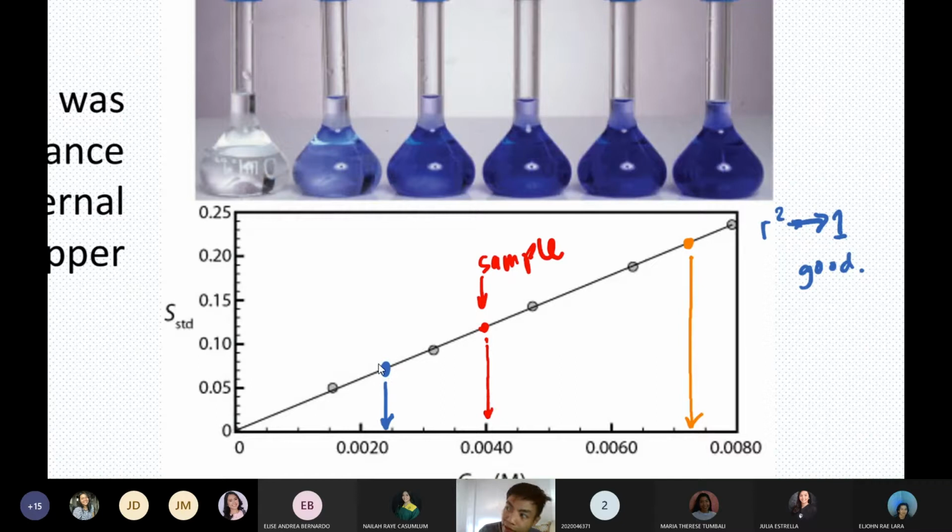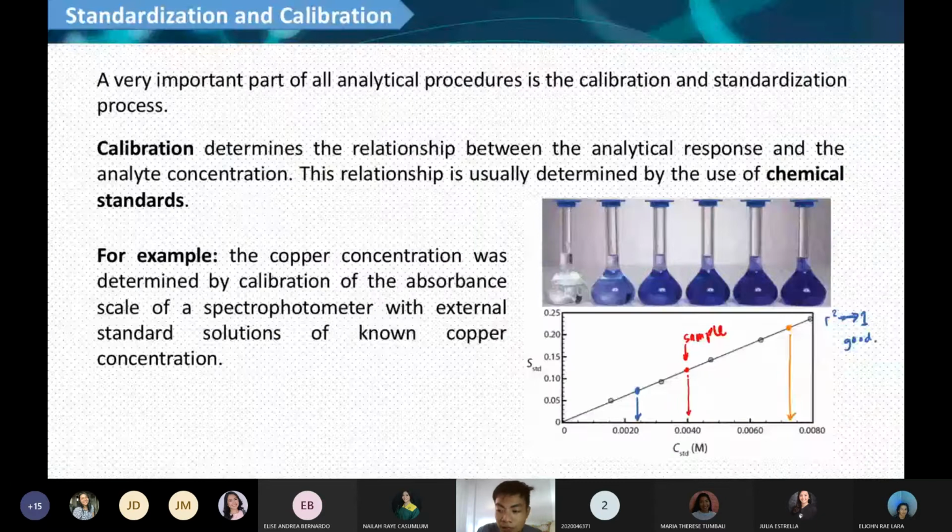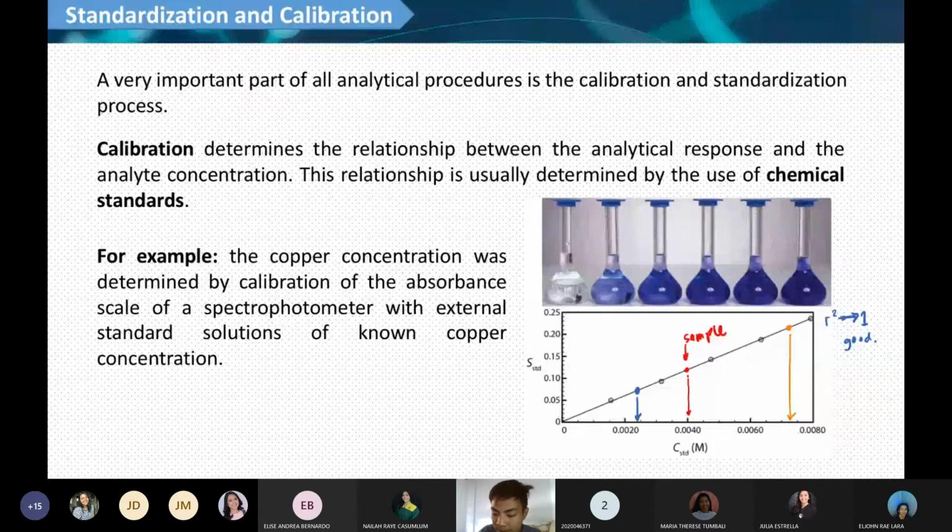You will compare your result with the standard calibration. So, itong linear graph natin. So, compare mo yan dyan, and then you will solve for the concentration. You will solve for X. So, that's the usual method that we do. Okay? So, that's calibration. And maraming uri ng calibration. Okay, so tignan natin mamaya.